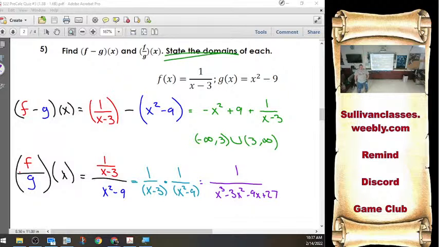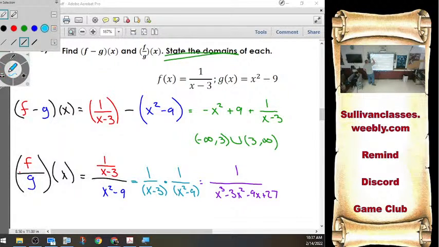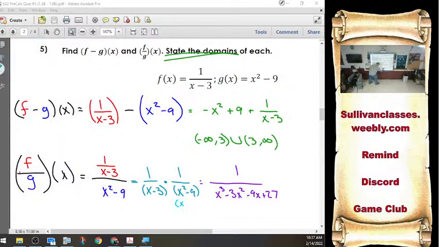Okay. And then domain. Who's not allowed to that party? Can't divide by 0. So set your denominator equal to 0. Thankfully, I already had it factored back here. Plus or minus 3. We all catch that this is x plus 3, x minus 3, difference of squares. So x is not allowed to be plus or minus 3.